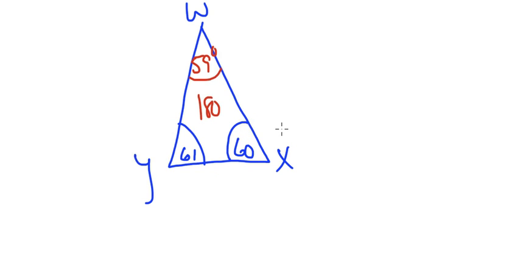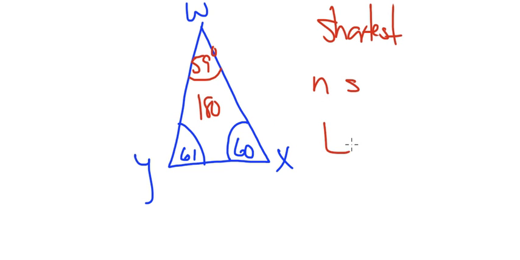Now, the question that we're faced with is it wants us to name the sides of this triangle in order from shortest to longest. So I'm going to put shortest, next shortest, and longest. The way I do this, to find my shortest side, I take my smallest angle. And my smallest angle is going to be looking at my smallest side.